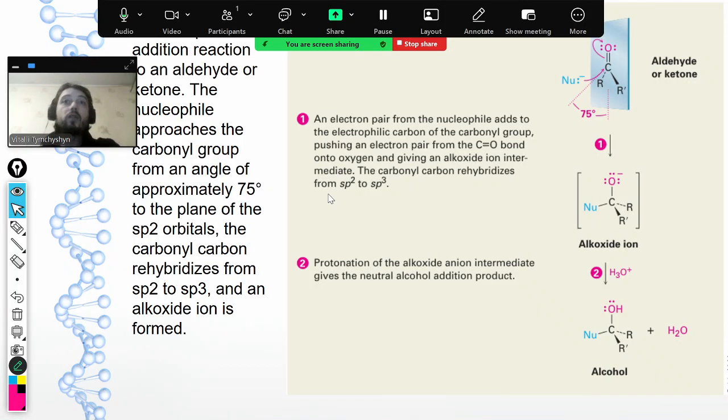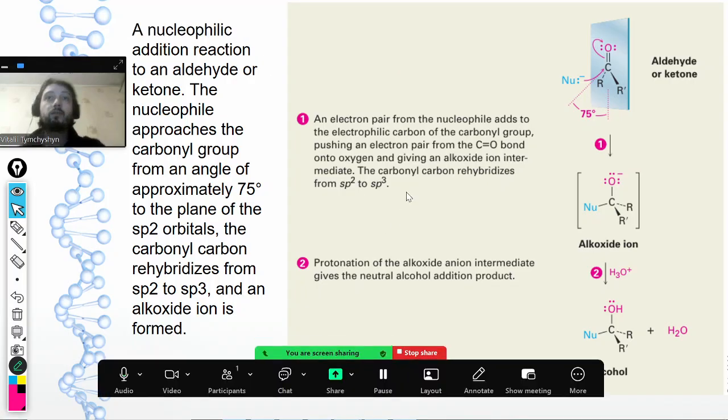Okay, so nucleophilic addition. You might guess that addition means that we are adding something to something. So we had two molecules, and at the end of the day we will get just one molecule out of those two molecules. A really useful example that we will see here and there is the nucleophilic addition to aldehyde or ketone.